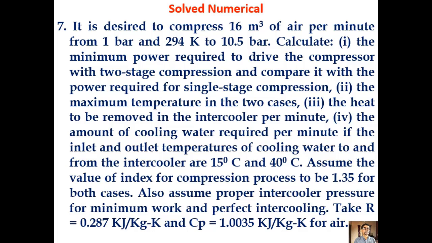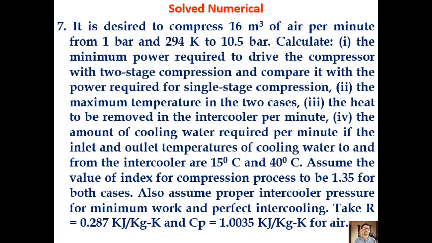Okay, now let us solve this problem. It is desired to compress 16 meter cube of air per minute from 1 bar and 294 Kelvin to 10.5 bar. Calculate: 1. The minimum power required to drive the compressor with a two-stage compression and compare it with the power required for single stage compression. 2. The maximum temperature in the two cases. 3. The heat to be removed in the intercooler per minute. 4.